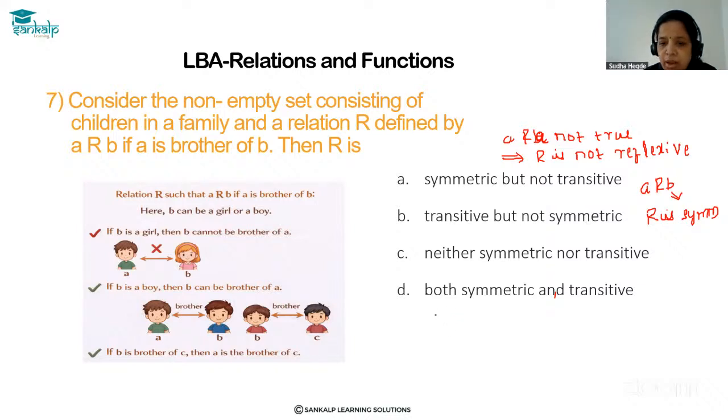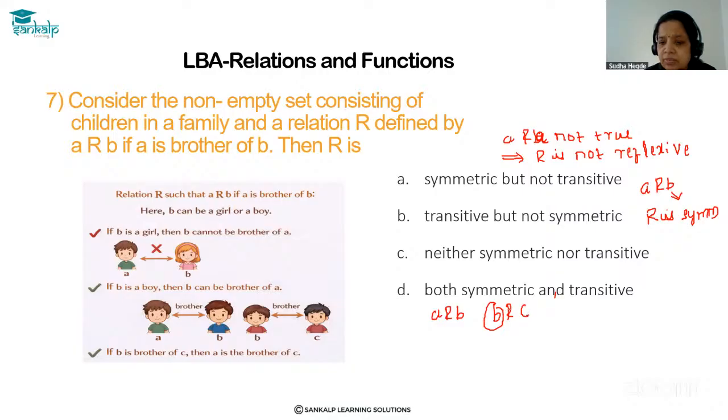Now, if A is brother of B, and B is brother of C. See, B should be male because B is brother of C. Correct?